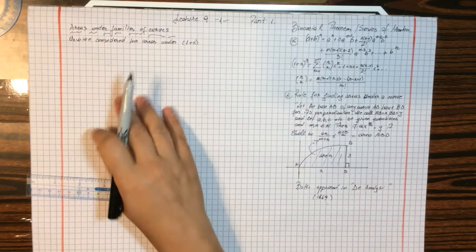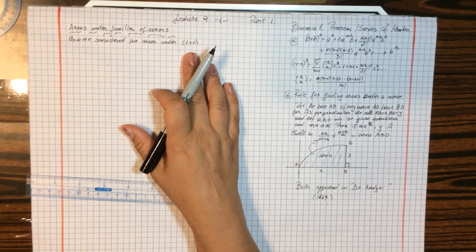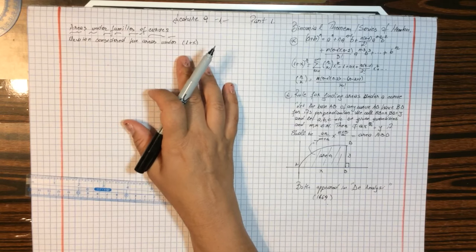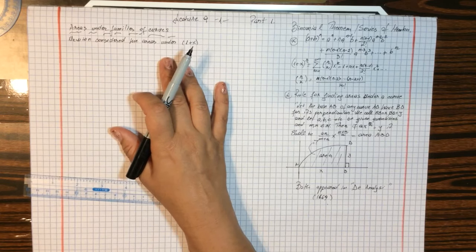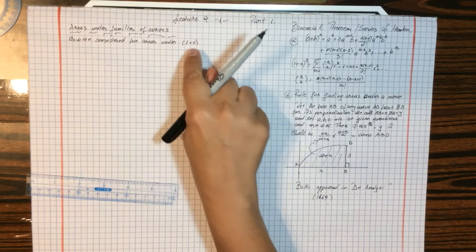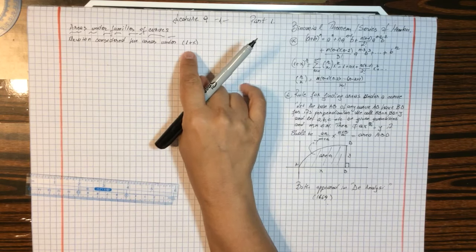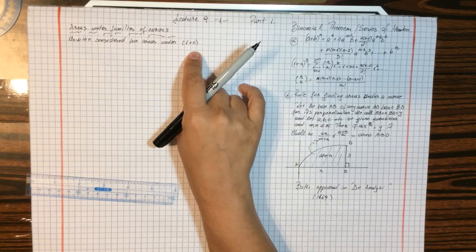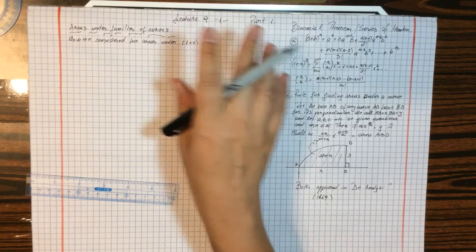So what do I mean by areas under the curve 1 plus x? Each power, even the negative ones, of this particular function will give you a different function that will look very different from the previous one.